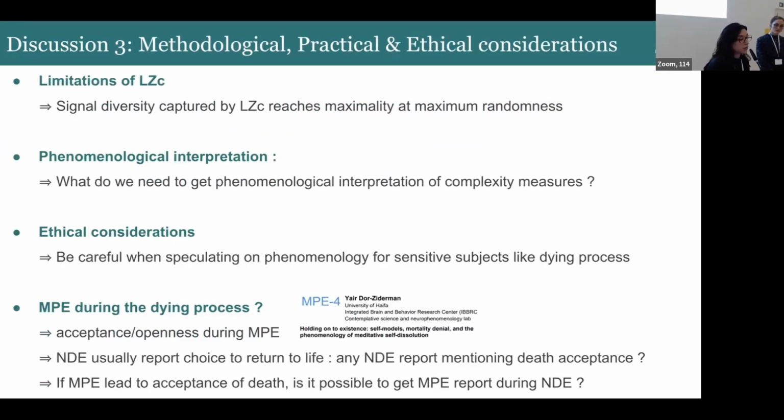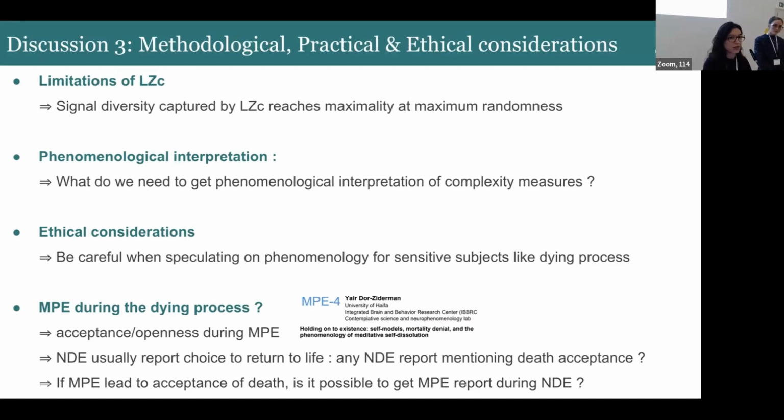And finally, we wanted to assess the methodological, practical, and ethical considerations. First, as we said many times, Lempel-Ziv complexity is not a perfect measure because it reaches maximum with maximum randomness. Also, it would be amazing to have a phenomenological interpretation of these measures, but we don't know how to do that.